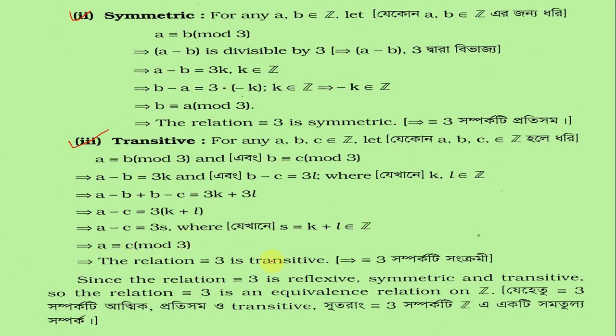The relation congruent modulo 3 is transitive. Since the relation is reflexive, symmetric and transitive, the relation congruent modulo 3 is an equivalence relation on Z, hence the proof.